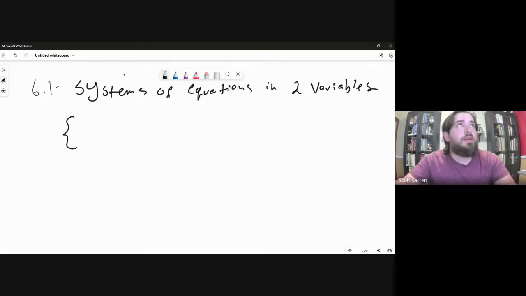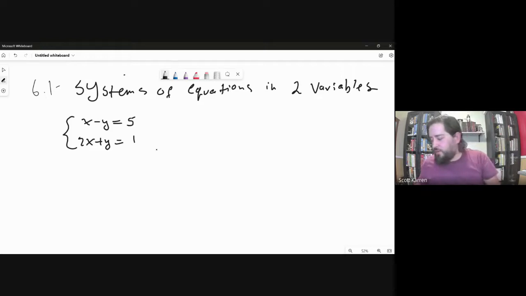So perhaps this one equation and another equation. We're going to talk about ways to solve these, and let's start with defining what a solution is.